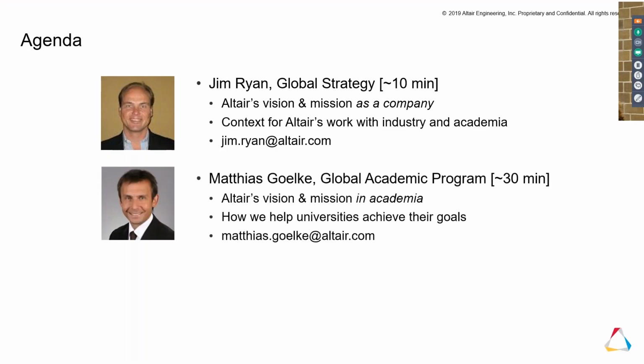As Krishna introduced, I'm involved with global strategy for Altair, so I'm going to start off today's presentation giving a big picture context of Altair if you're not already familiar with us: who we are, what we do, what our mission is. I think that will help you understand our academic program, what our objectives and vision are there, and Matthias will provide more details about that.